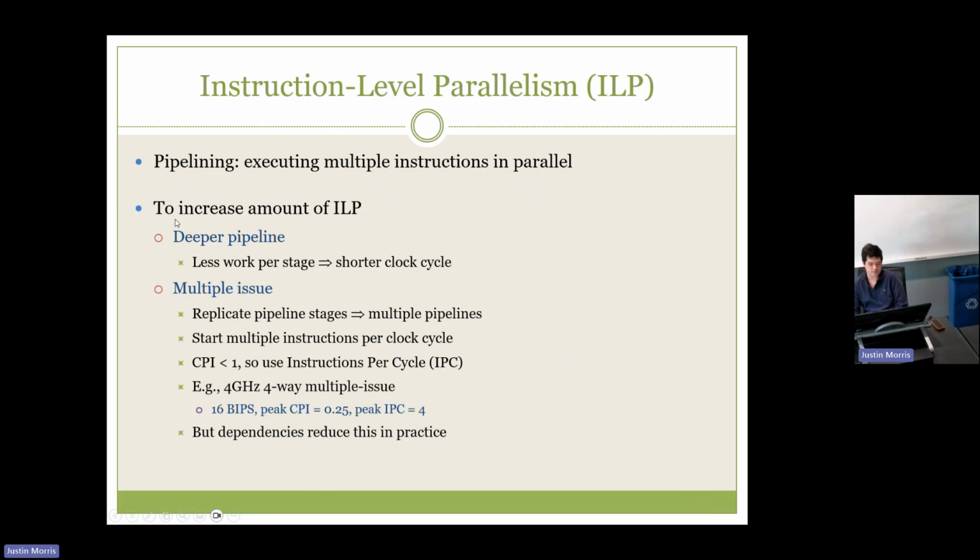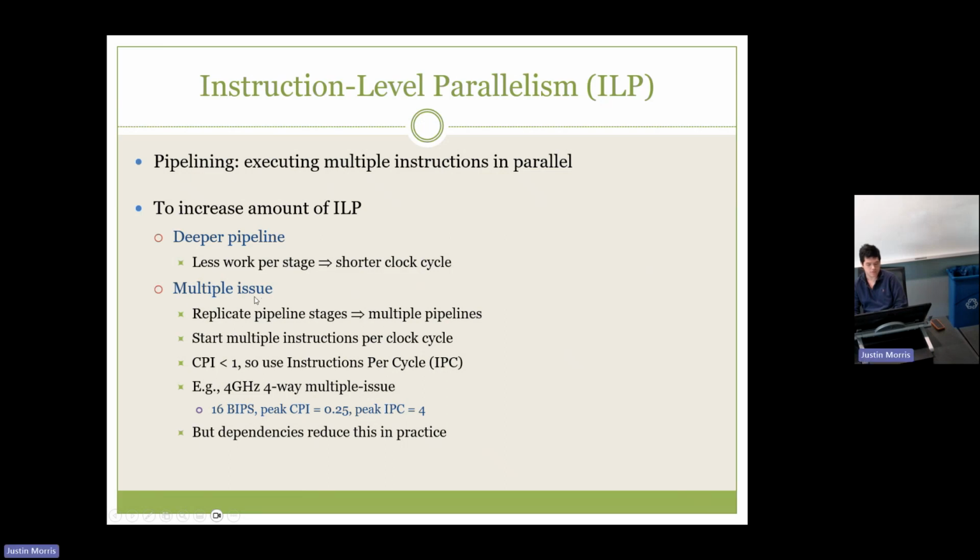And we can increase this amount of parallelism by having deeper pipelines, right? So less work per stage, shorter clock cycle, more instructions in flight at the same time. This is called super pipelining. This deeper pipeline. There's also multiple issue.